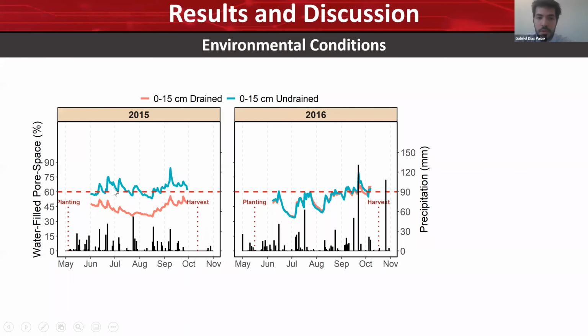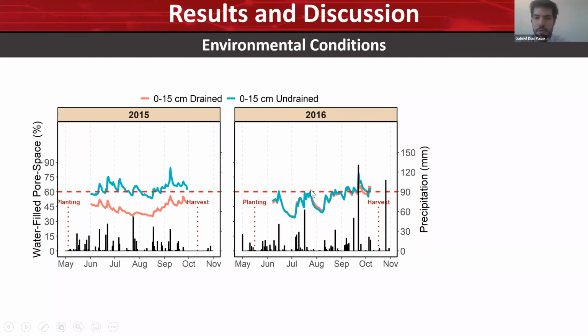And during a large portion of the grain season, it was above field capacity. And when soil moisture conditions are above field capacity, that is known to favor denitrification losses. However, in 2016, they were very similar throughout the grain season.